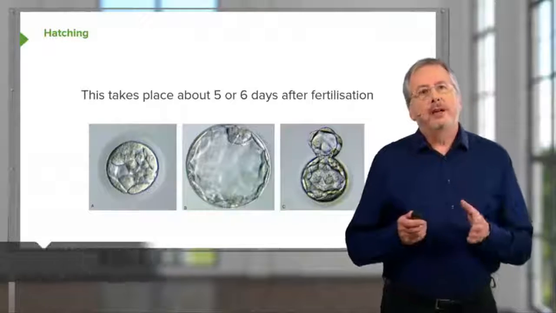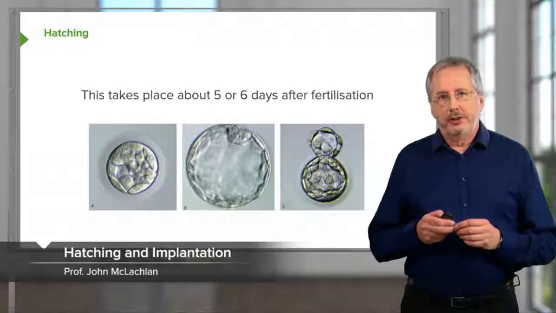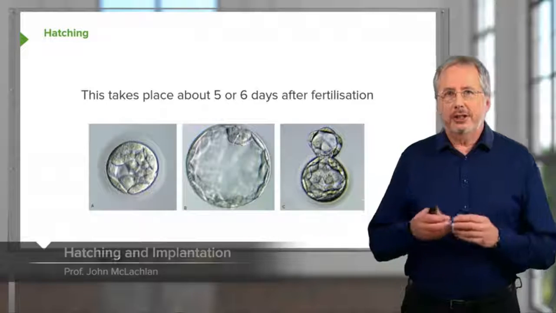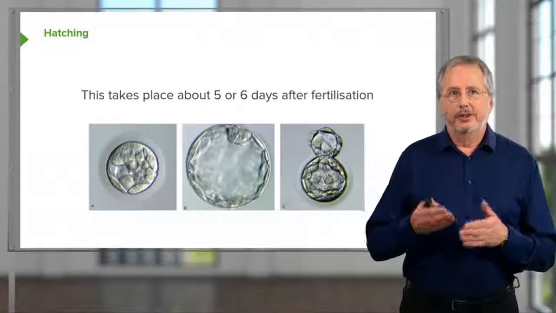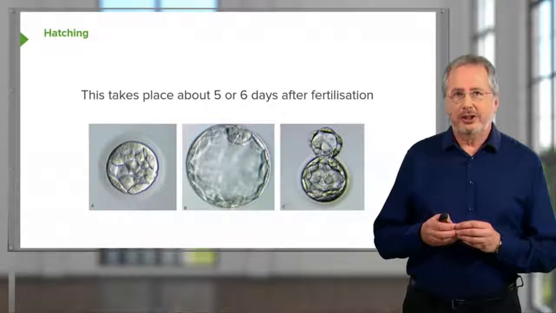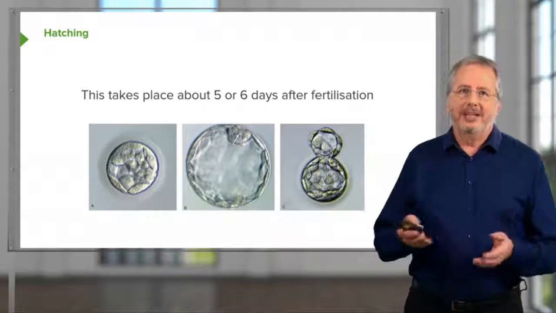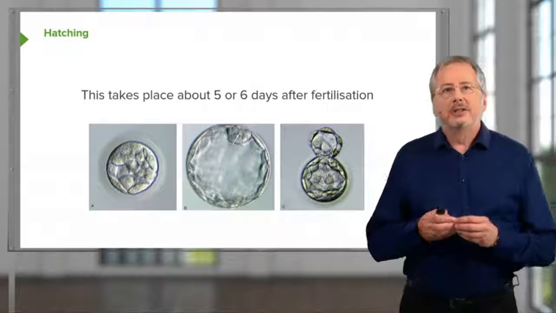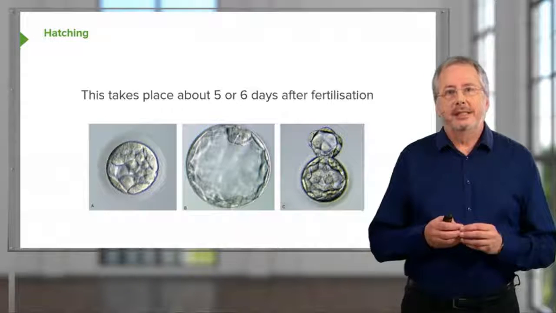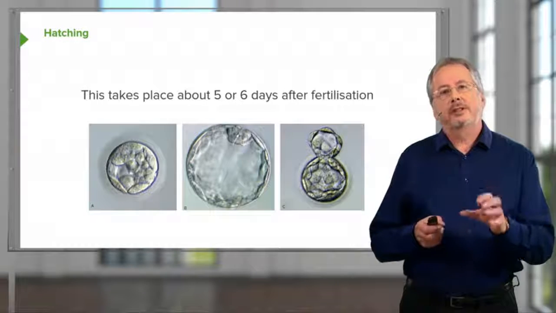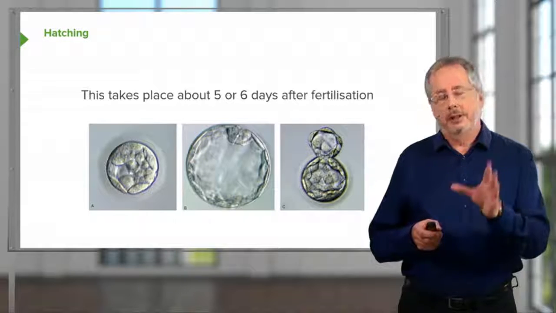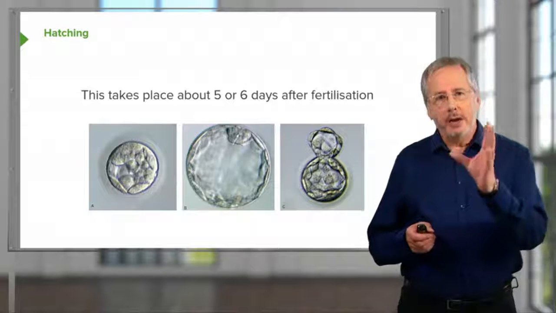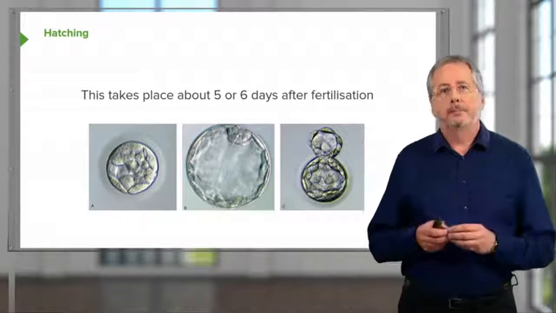And then about 5 or 6 days after fertilization, the process of hatching takes place. I imagine you probably didn't realize that humans hatched, but it's in a very different sense than a hen might hatch from an egg. Nonetheless, what has to happen is that this trophoblast surrounded embryo has to emerge from the zona pellucida.